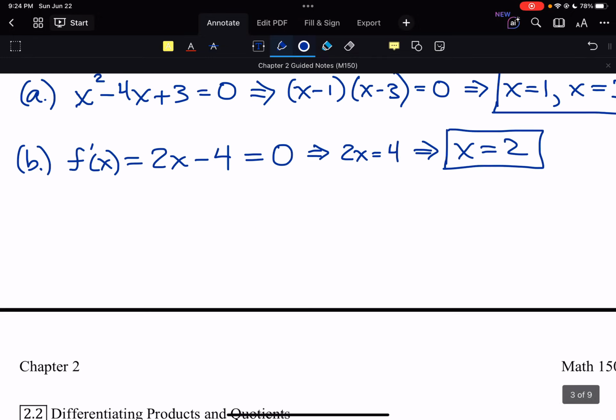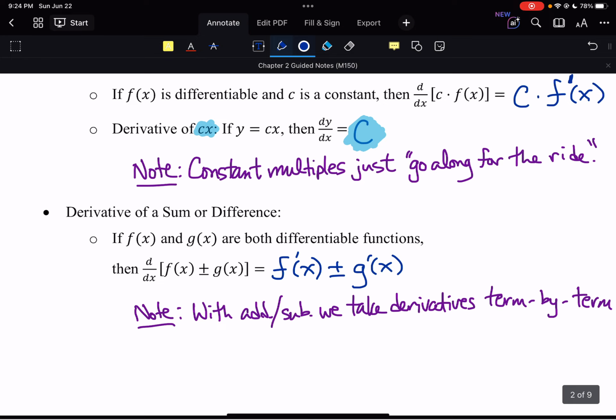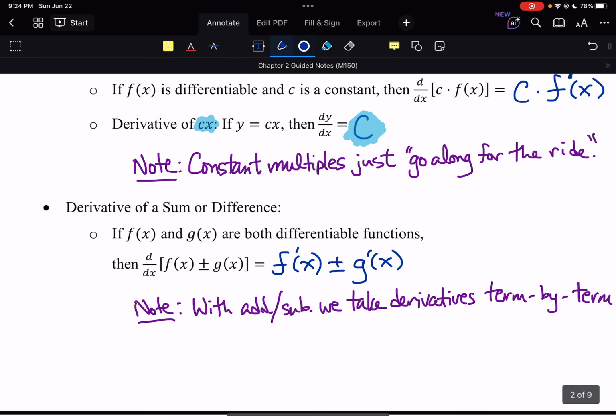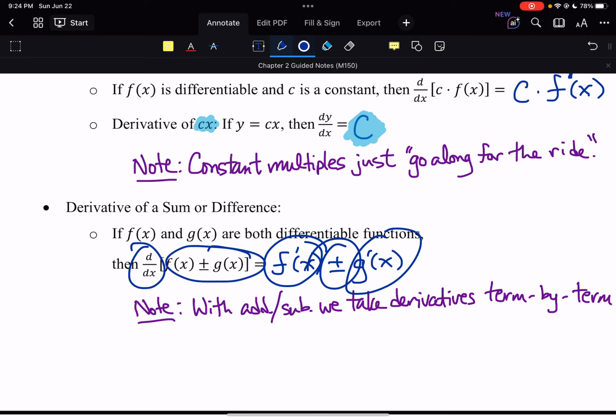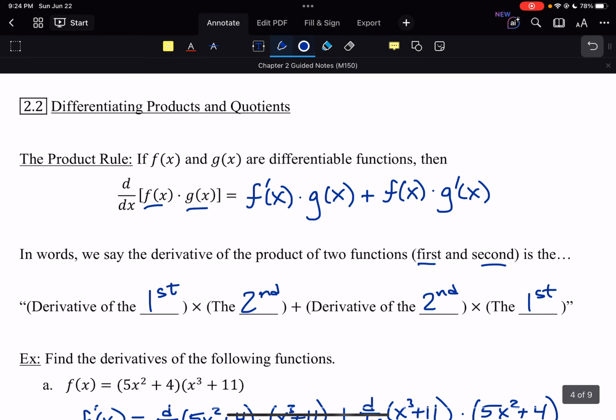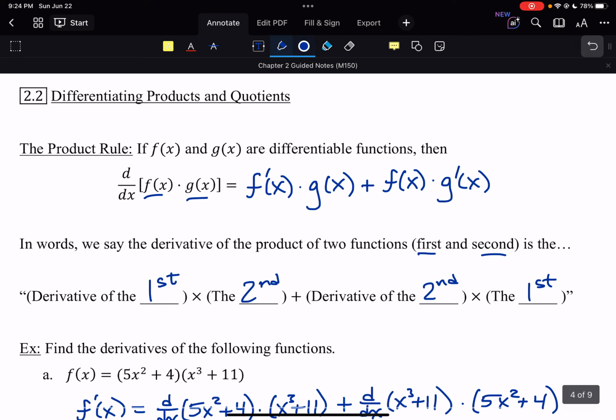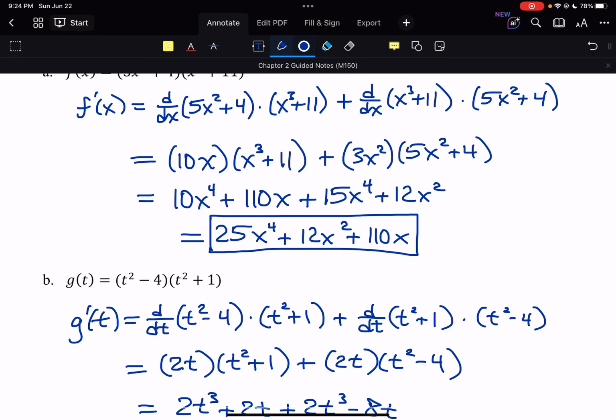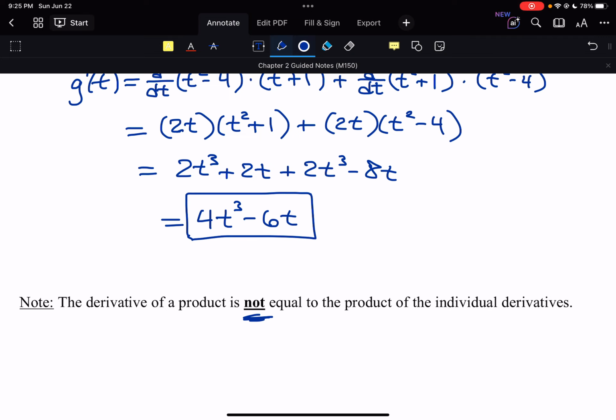Okay, so in the previous section, we saw if you add or subtract the functions and then take the derivative, it's exactly the same as taking the derivatives and then adding or subtracting the functions. Not the case with the product rule. Okay, the derivative of the product is not equal to just f prime times g prime. Okay, there is more process to it than just that.